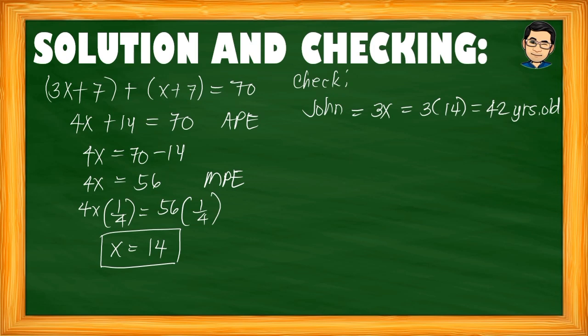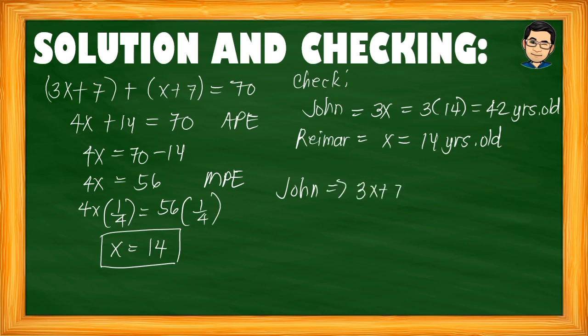Okay. And then, yung anak naman niya, yung obtained value of x, which is 14. So 14 years old siya as of now. So, and then, kapag nag-add tayo ng 7 dun sa edad ni John, so magiging 3x plus 7, so that is 42 plus 7.